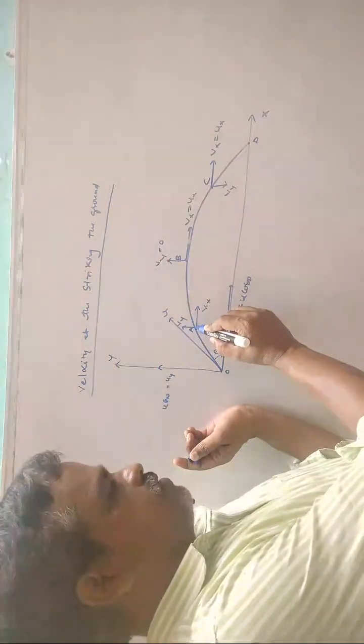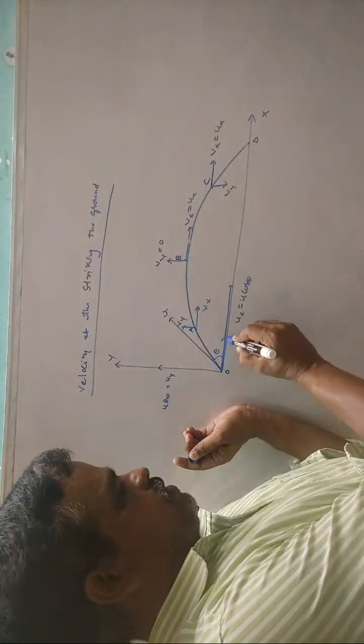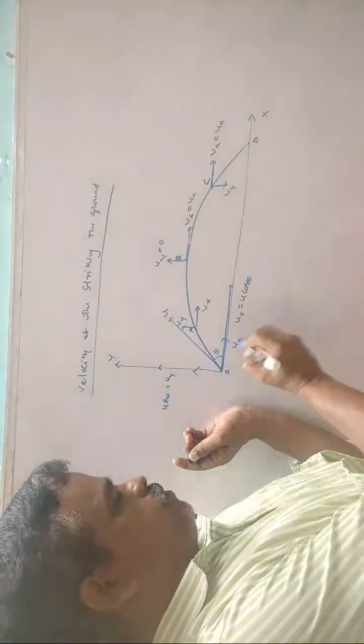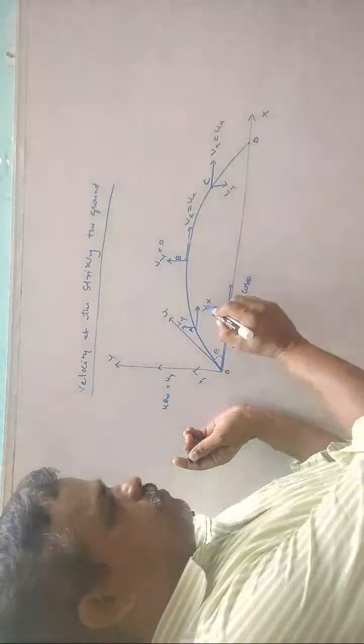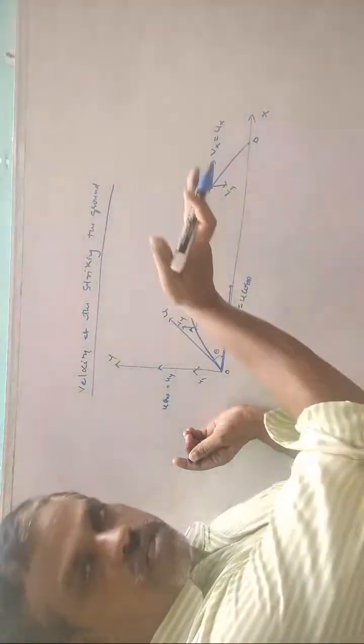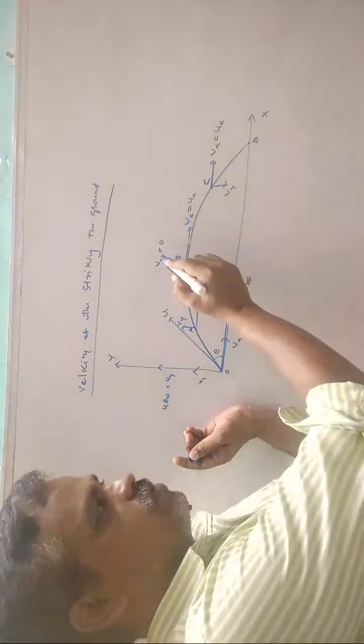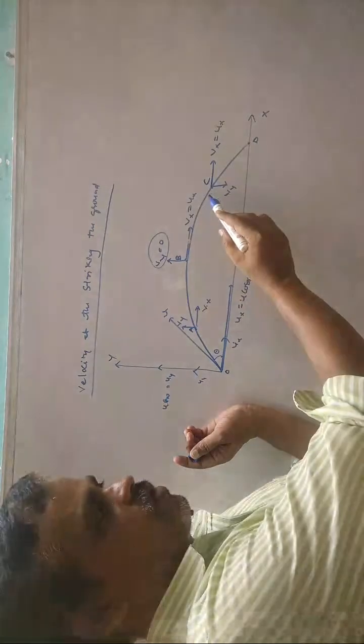Initially it is like this: vx, ux, uy. Vx is horizontal and vy is vertical. Here vx equals ux, and vy is 0.